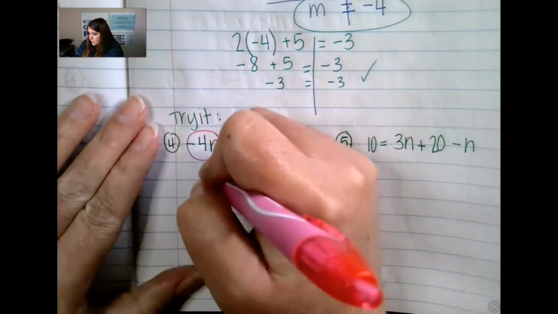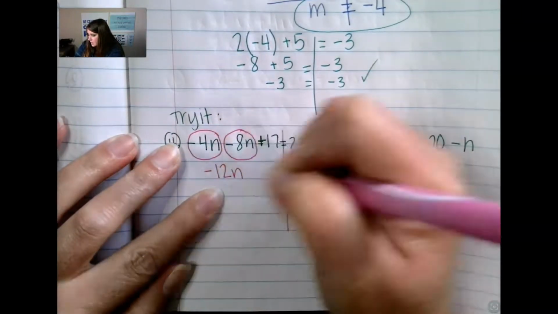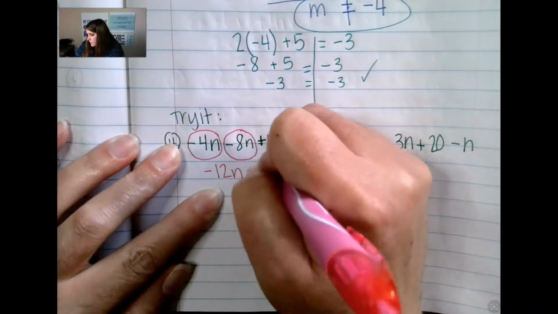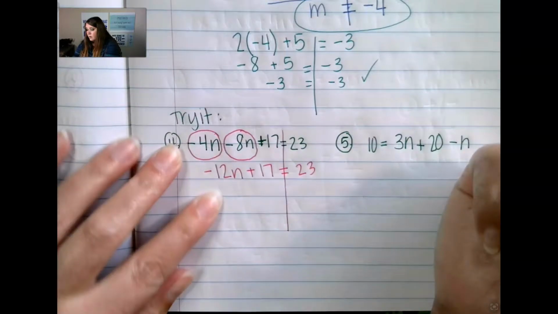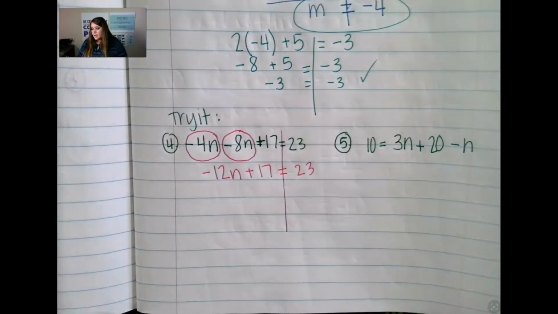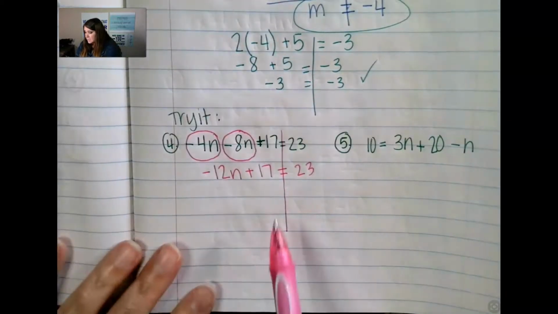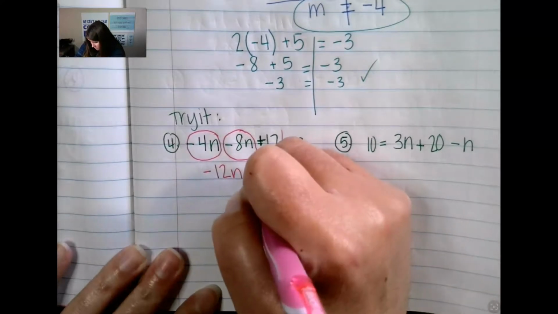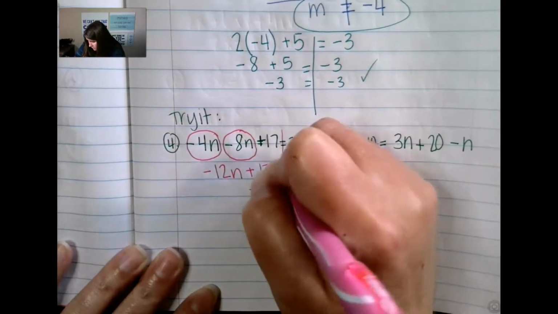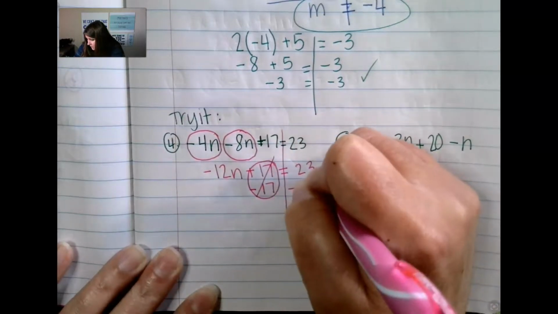It means that I have negative 12 n's plus 17 equals 23. Now step 1 up above, add or subtract. Right now it's adding, so I am going to be subtracting 17. That becomes 0.